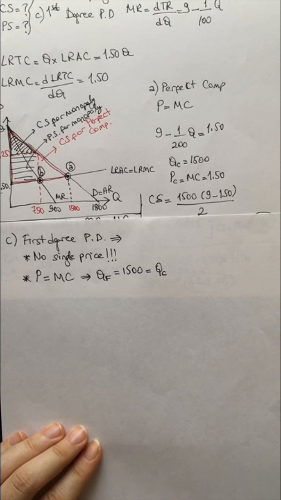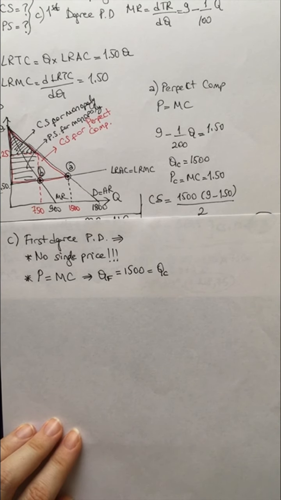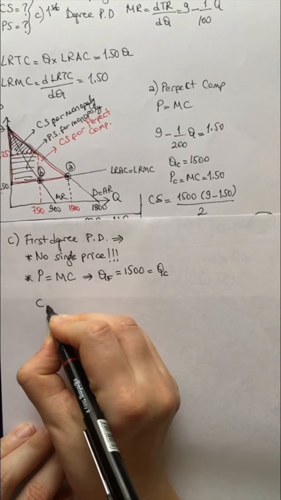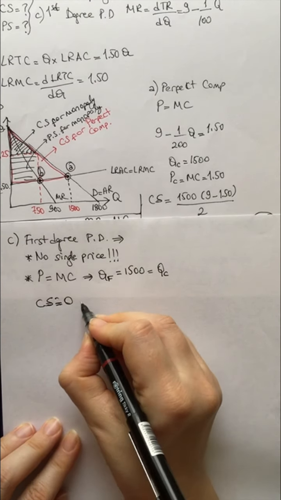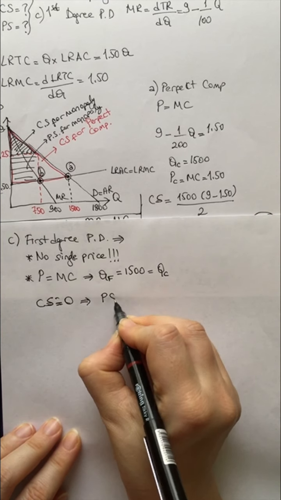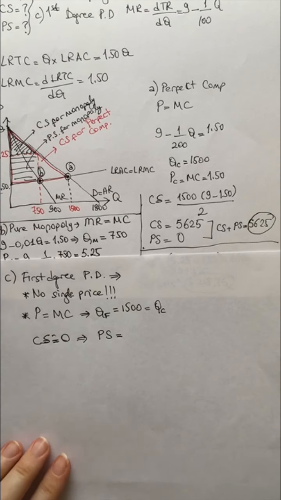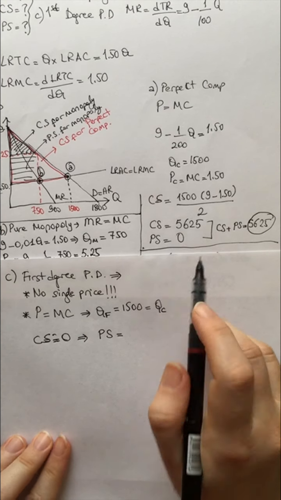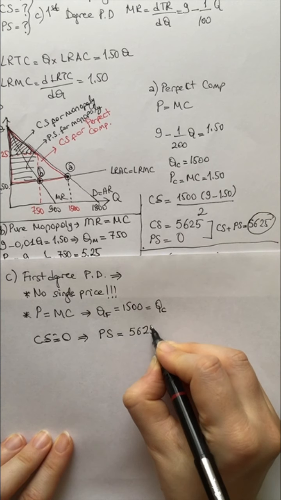But the distribution of the consumer and producer surplus is changing. All of the consumer surplus is earned by the producer in that case. There will be no consumer surplus in the market. All of the consumer surplus is earned by the monopolist. So we have found before the consumer surplus as 5,625.